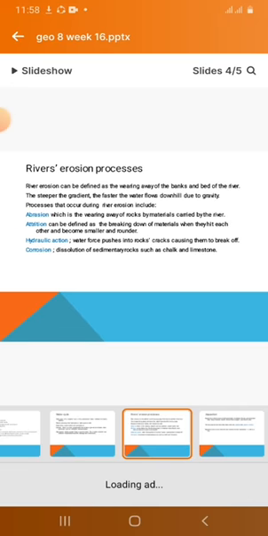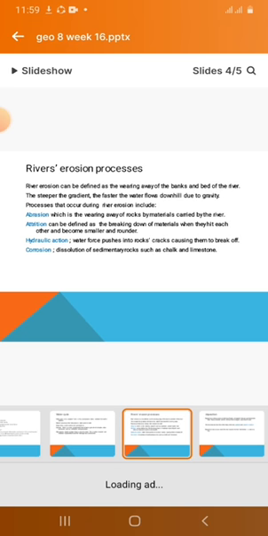and corrosion. Each one is defined in this chart here. Okay, so abrasion can be defined as the wearing away of rocks by materials carried by the river.